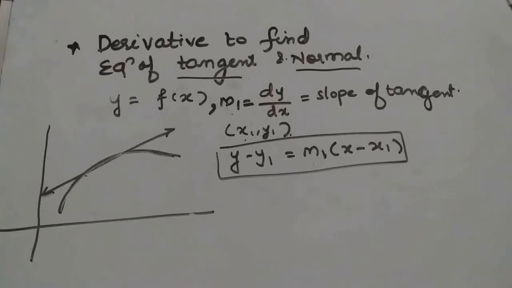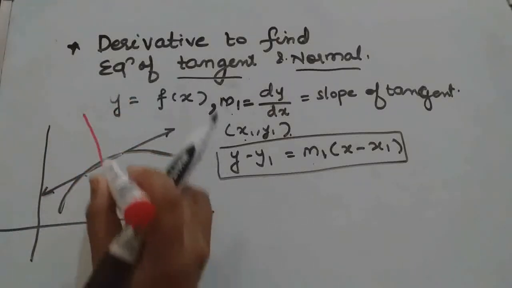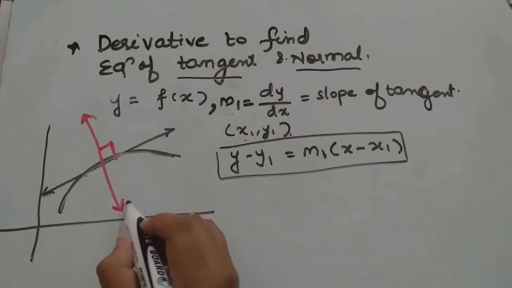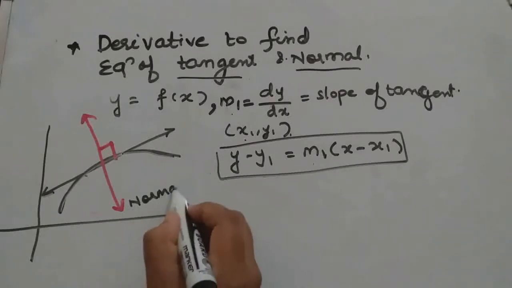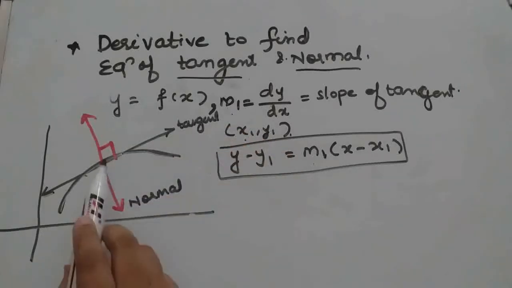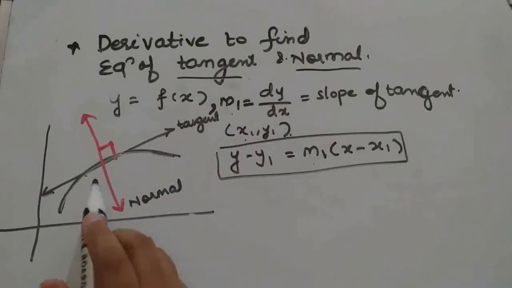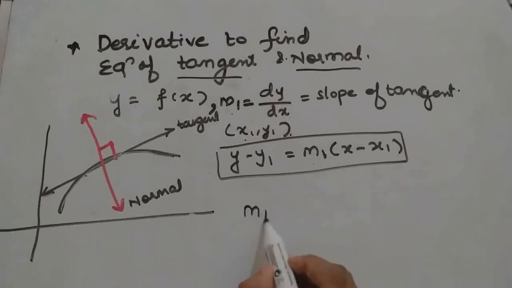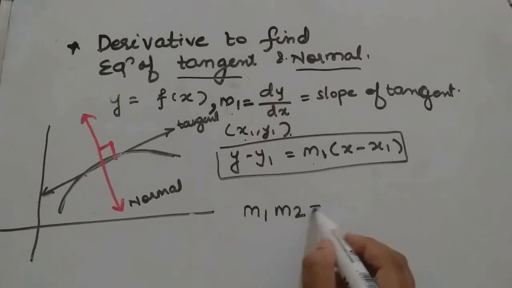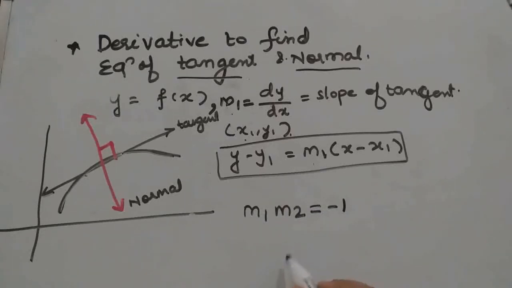Now what is the normal then? Normal means the line perpendicular to the tangent. So this is the normal, this is the tangent. Now if two lines are perpendicular, what is the relation between the slopes? Suppose m1 is the slope of the tangent and m2 is the slope of the normal, then the product of their slopes will be minus 1, or you can say m2 is minus 1 by m1.